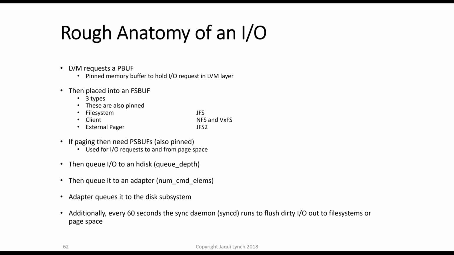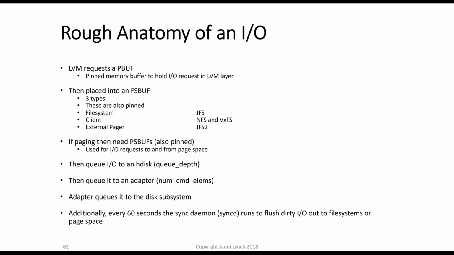So it could be a file system client or the JFS2 external pager, or it could be a page space buffer. Then that gets queued to an hdisk. That's what we refer to when we're talking about queue depth. Queue depth is actually the in-flight I/Os for an hdisk. Then it gets queued to an adapter, so your fiber adapter or your vSCSI adapter, and then it finally goes out to the disk subsystem.